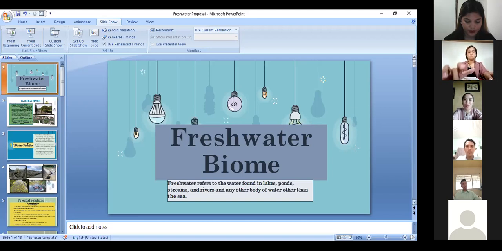So one way to prevent that, ma'am, is magpatawad og water pump, by the support of the mayor in Valencia or in Dumaguete. So they will be using this for laundry alone.